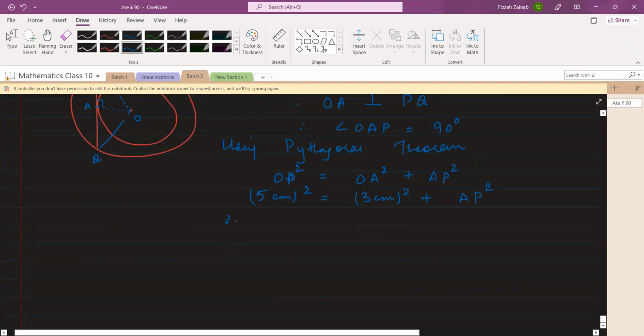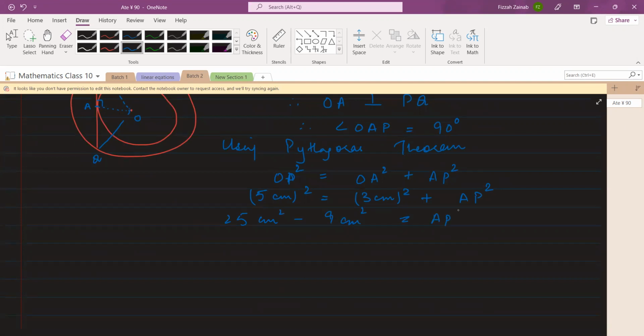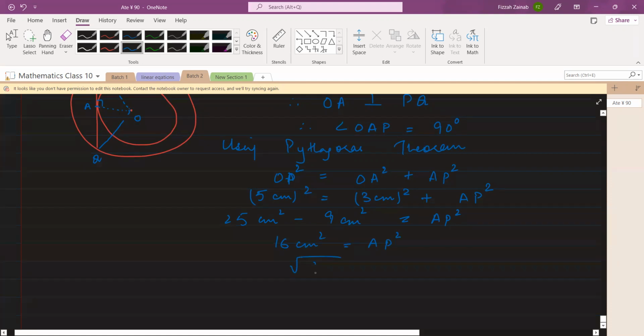So this is 25 centimeter square minus 9 centimeter square is equal to AP square. 25 minus 9 is how much? 16. So 16 centimeter square is equal to AP square. So the square root of 16 centimeter square is AP, and AP is 4 centimeter.